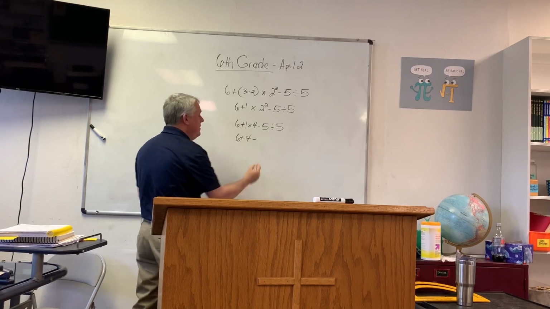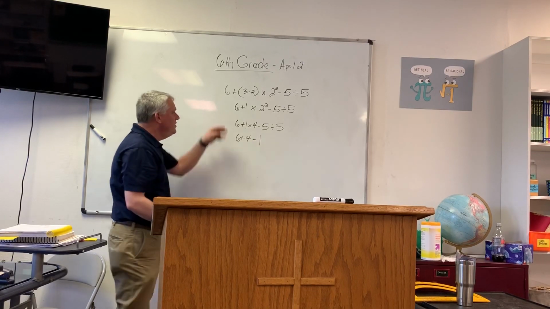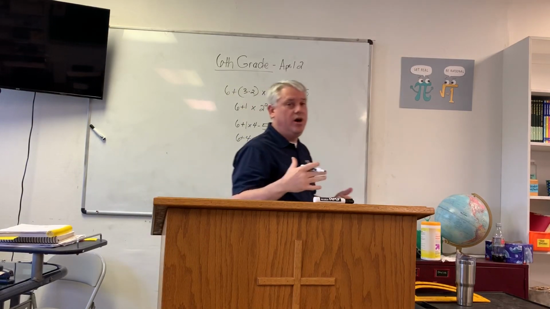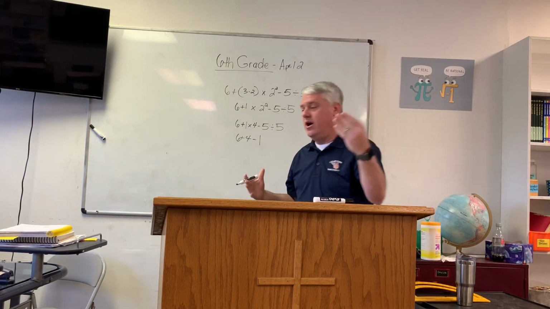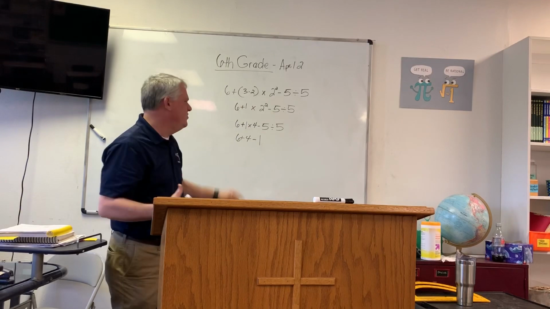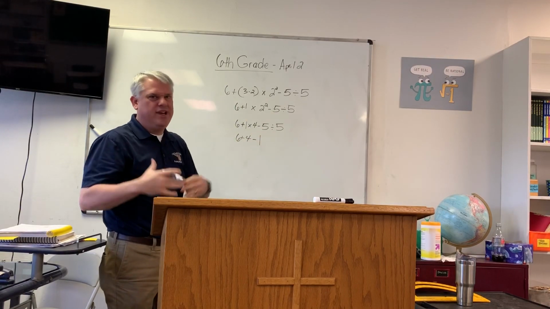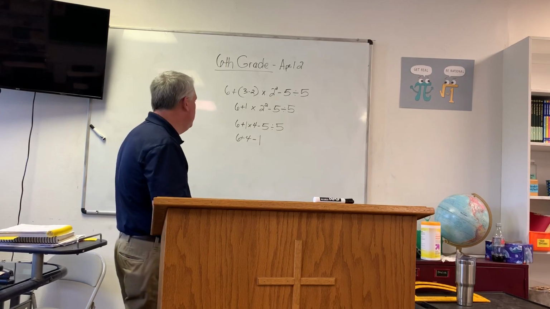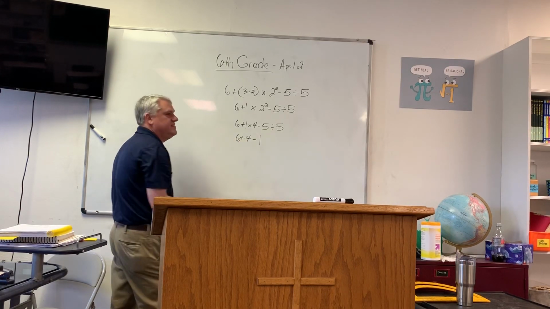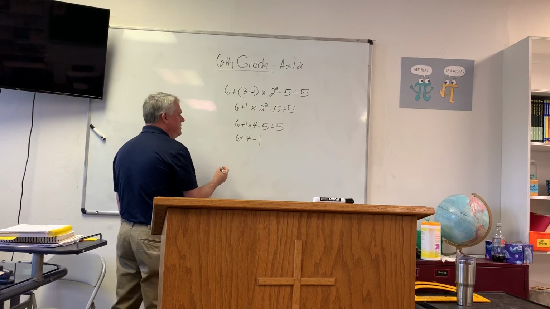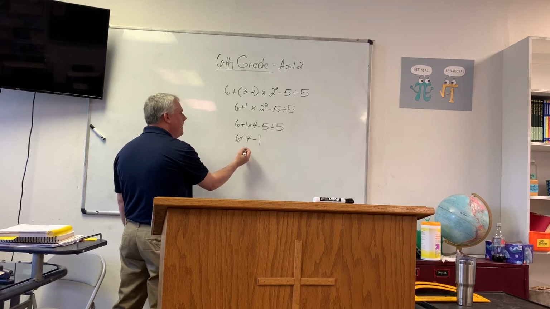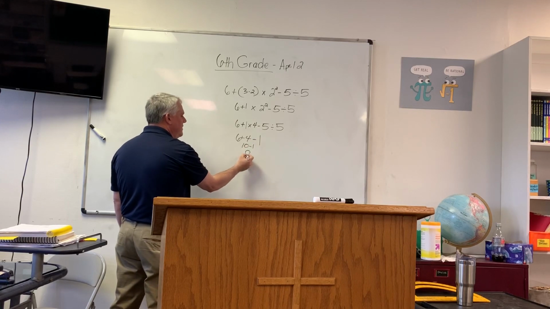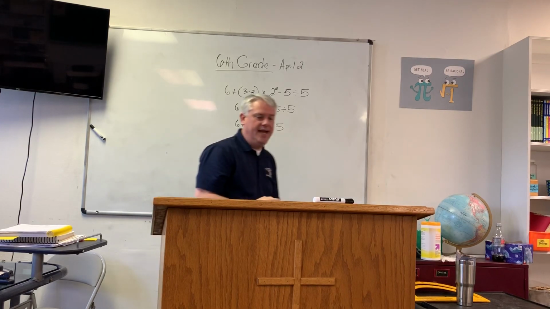That's easy math. That is 1. Now, notice what's happening as we go down. We're simplifying. We're getting smaller and smaller, and we're going to get down to just obviously one answer here because we're just dealing with numbers. We're not getting deep into algebra with variables at this point. Okay? So now all that's left is addition and subtraction. So 6 plus 4 is 10, and 10 minus 1 is 9.